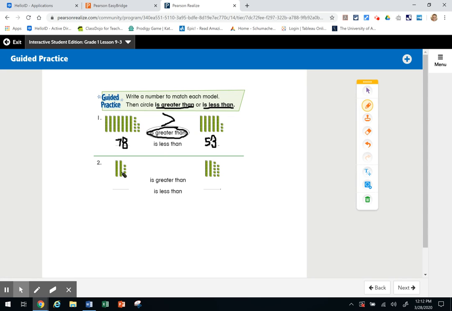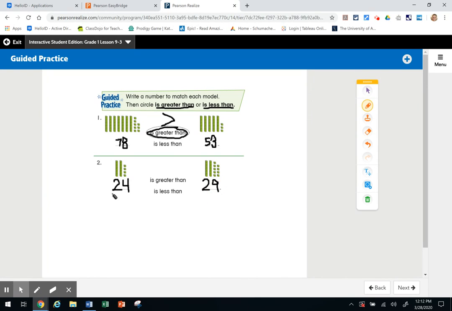All right, let's go ahead and look at number 2. So we have 2 groups of 10, and 1, 2, 3, 4 ones. Okay, so that makes the number 24. Okay, and then over here we have 2 groups of 10 again, and then we have 1, 2, 3, 4, 5, 6, 7, 8, 9 ones, which makes the number 29.